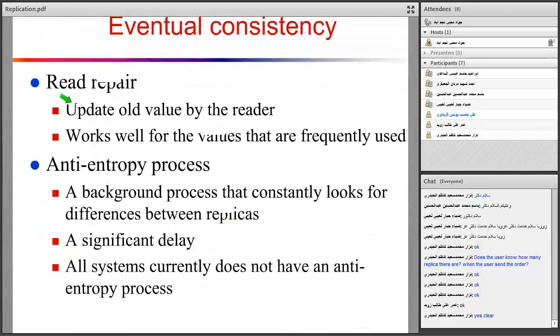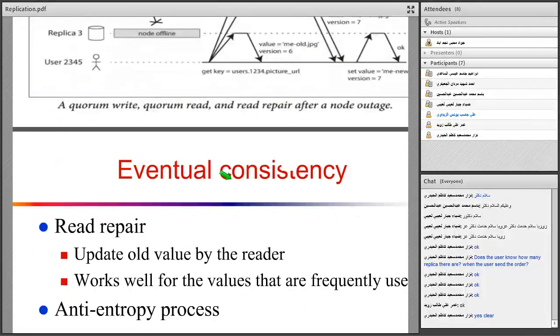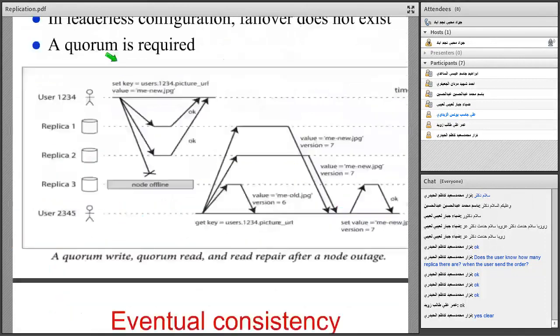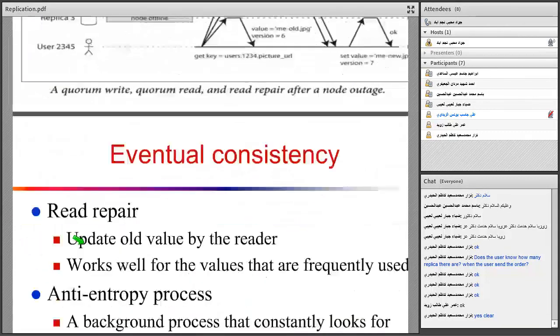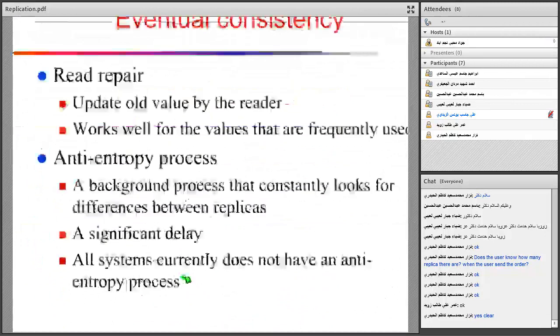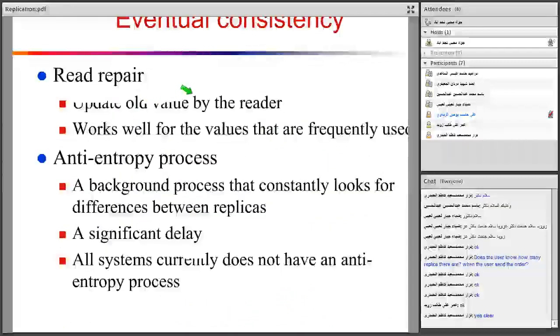Read repair is used to update the old value by the reader. Yes, the role of this user is reader, and the role of this user is writer, and user 2345 as a reader updates the old value.